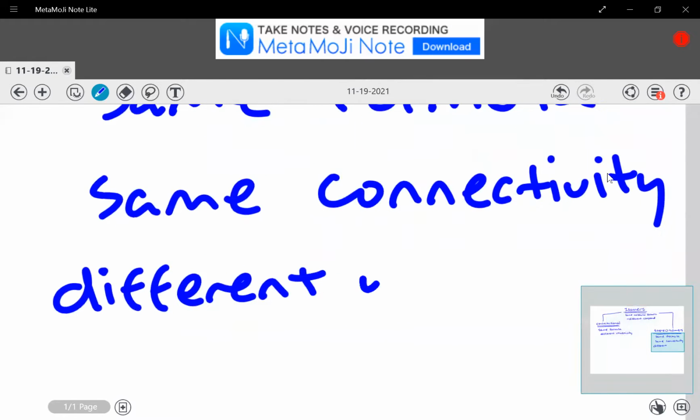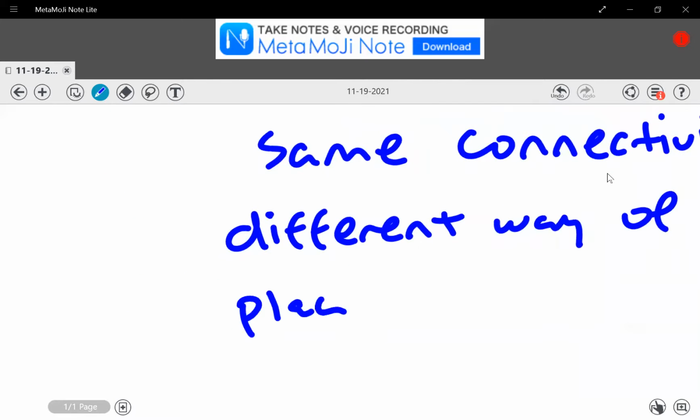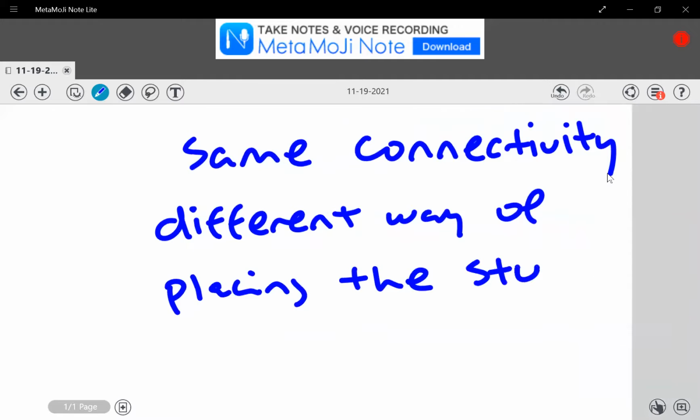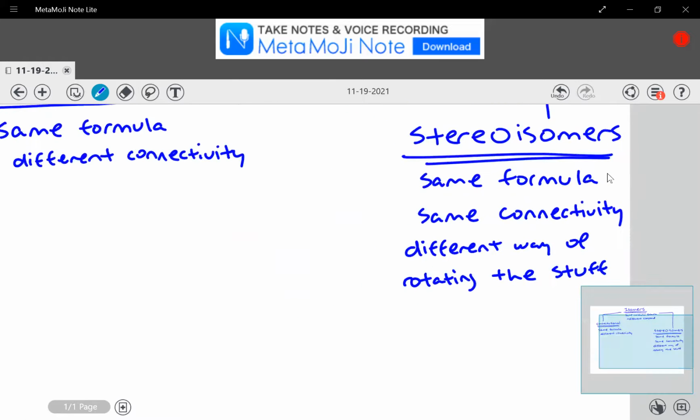Different way of placing the stuff. It's mostly rotating the stuff. Different way of rotating the stuff. And the stuff just happens to be bonds for the most part. Or breaking the stuff. Mostly.